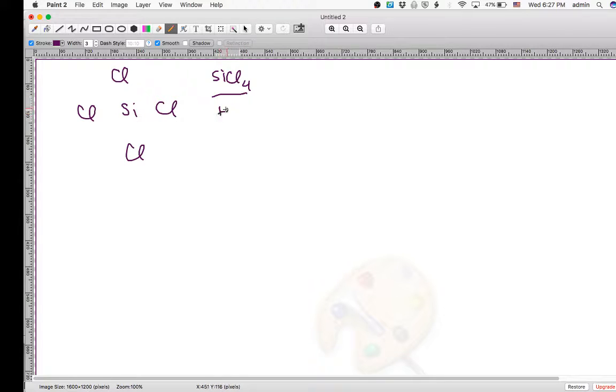Because they use the word tetra, you know that this is not an ionic compound. Also, because silicon is not a metal, it is a metalloid, and chlorine is also not a metal, this is not going to be an ionic compound. An ionic compound is made either of ions or of a metal and some nonmetal.